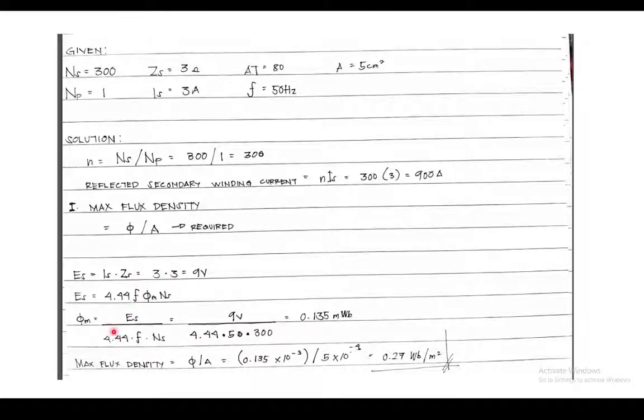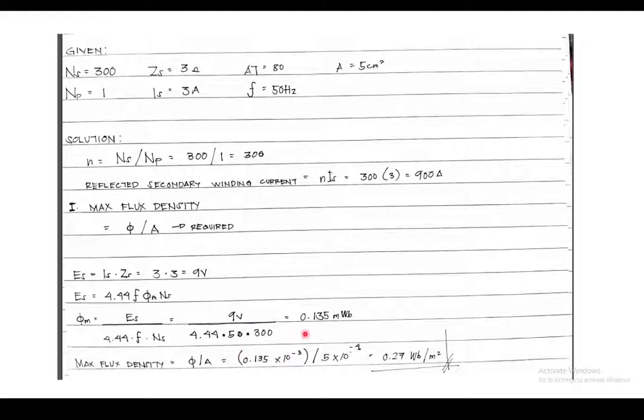So we will have the following expression: magnetizing flux is equivalent to the secondary induced EMF all over 4.44 times frequency times secondary turns. Our secondary induced EMF is 9 volts, all over the constant 4.44, our frequency is 50 Hz, and our secondary turns is 300.